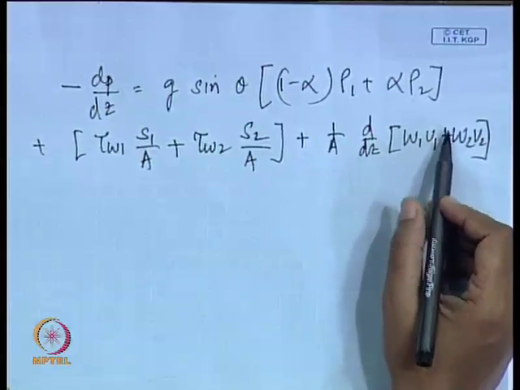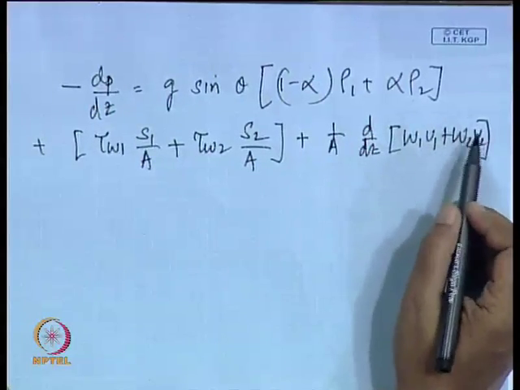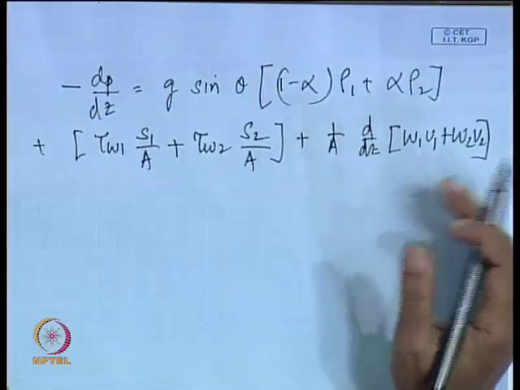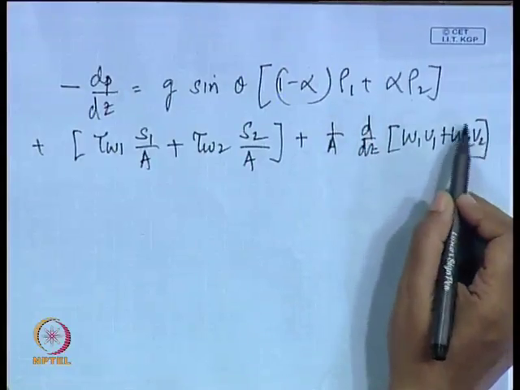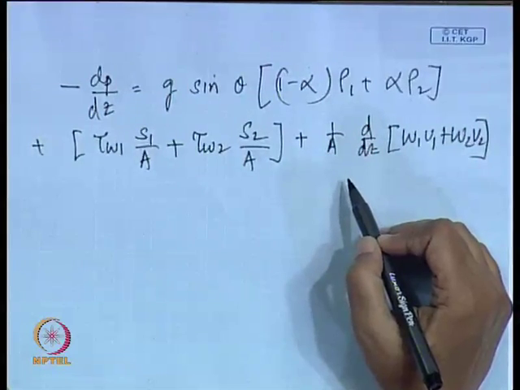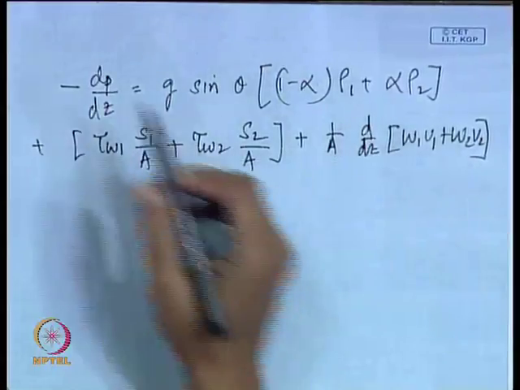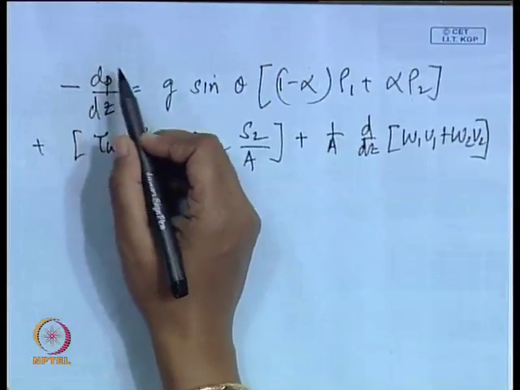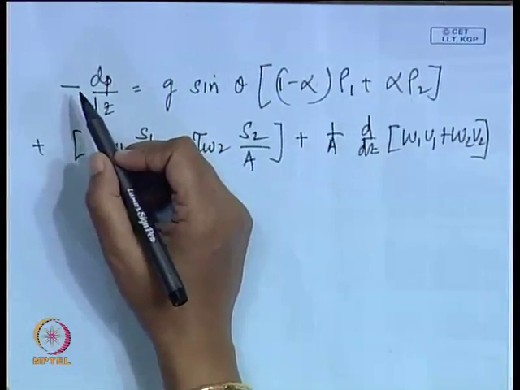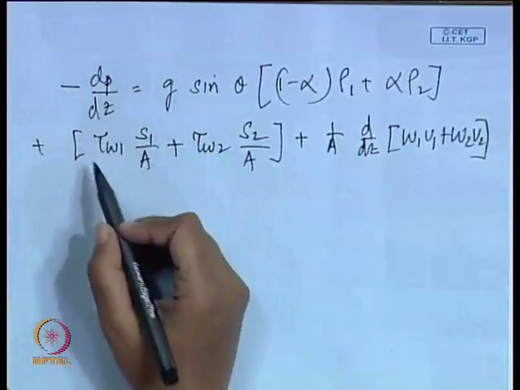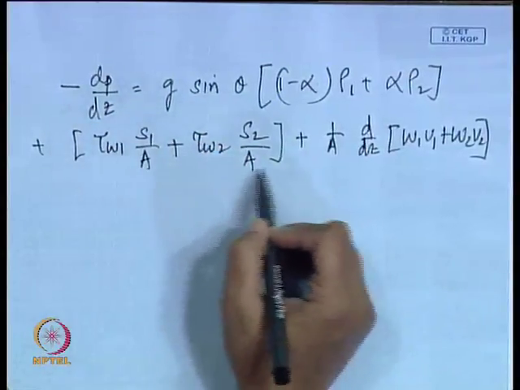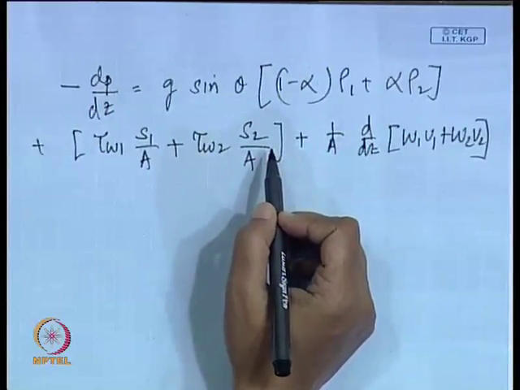So, we have to express U 1, U 2 in terms of known measurable parameters, or in other words, express the acceleration pressure gradient in terms of known input parameters. Once we can do it, then probably we can find out the pressure gradient or the pressure drop across a known length, provided we have some idea of how to estimate the frictional pressure gradient.